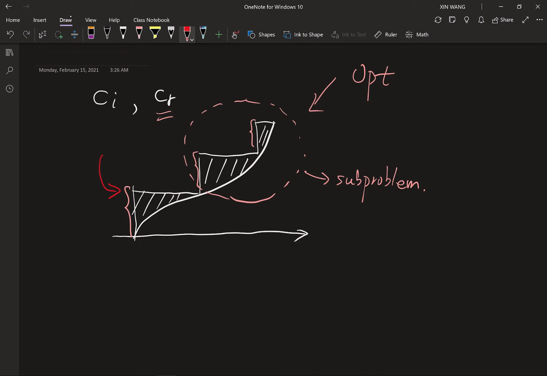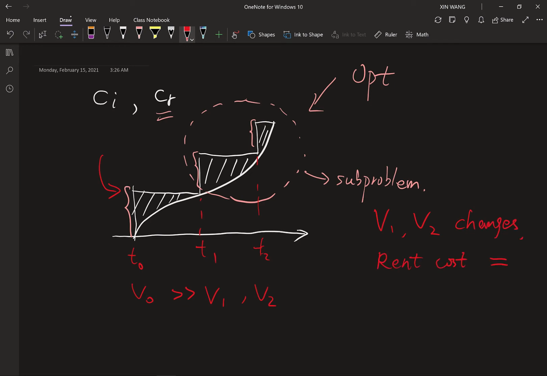Let's say at times t0, t1, t2, the load at t0 is much larger than the load at t1 and t2, which we denote by v0, v1, and v2 at the respective time steps. Then when we try to solve this subproblem, you can see the rent cost will not be changed when v1 and v2 change.